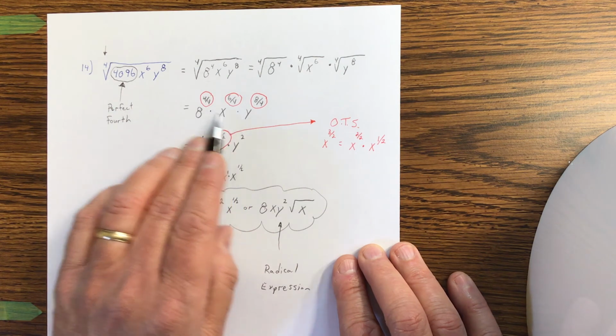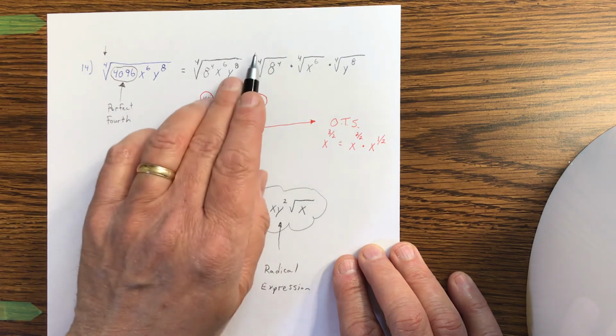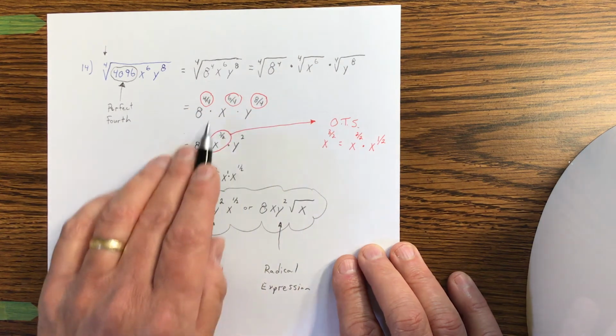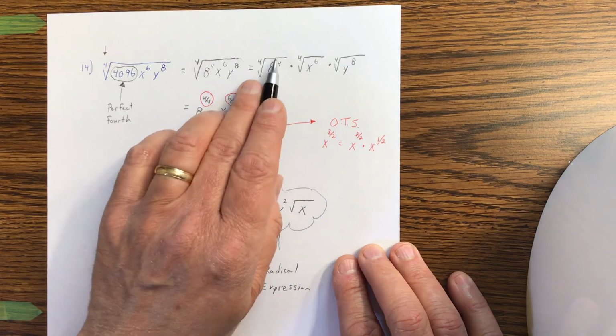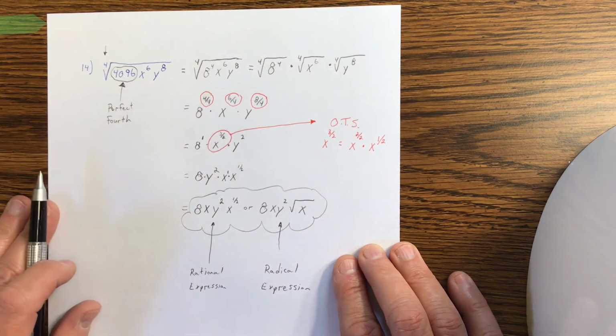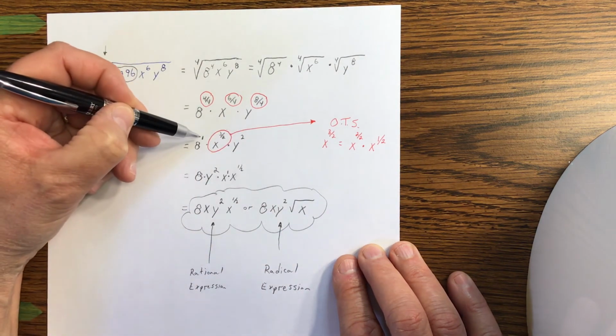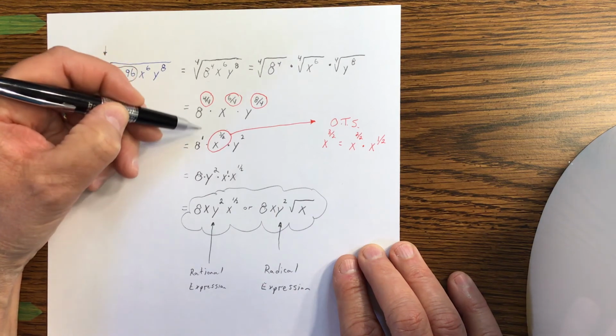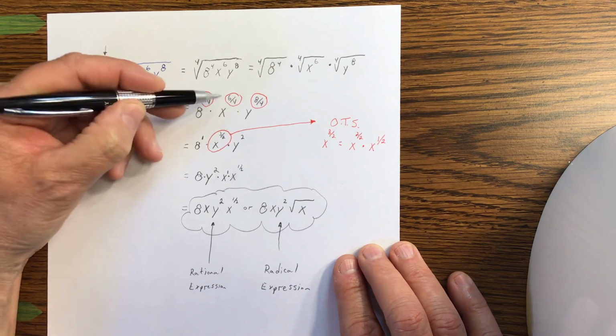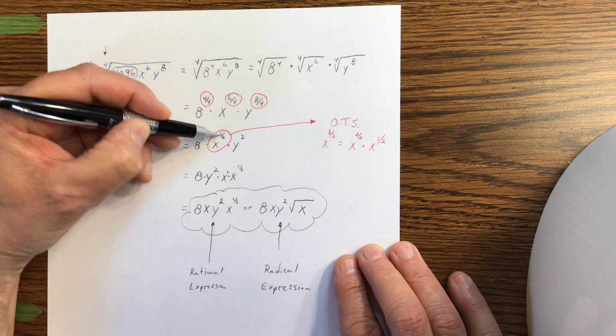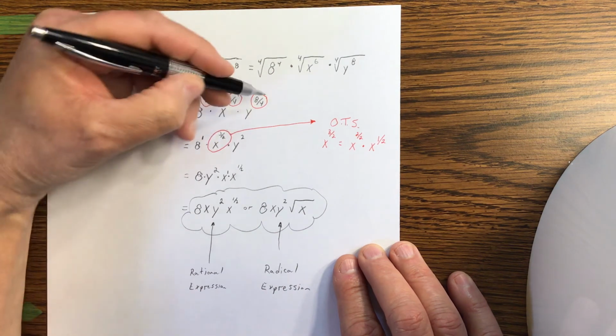Nothing new. Denominators are the index of your radical. Numerators are the powers of your radicand. The next thing done was simplifying the fractions. I know 4 divided by 4 is 1. 6 divided by 4 is 3/2. And 8 divided by 4 is 2.